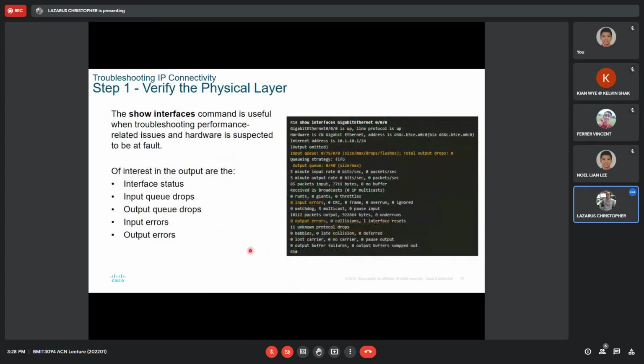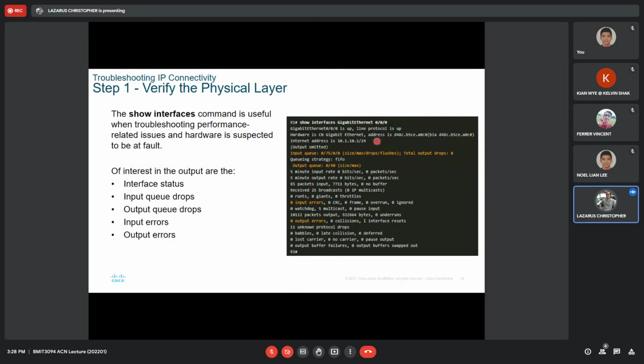Right. So step one, verify the physical layer. Here you can basically go to the router and type show interfaces and the interface you want to check. When you do that, you want to see whether it's up or down first, the status of the interface. Sometimes the most common is that you forgot to no shutdown.